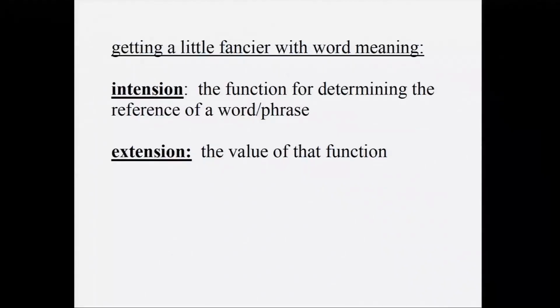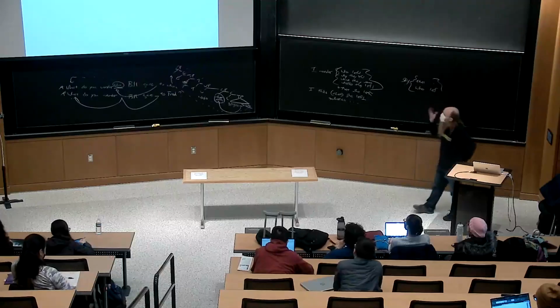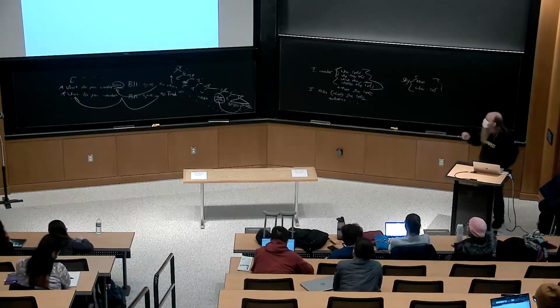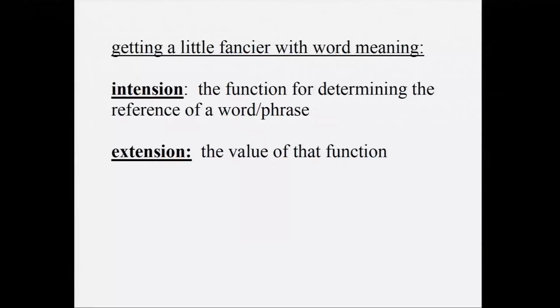If you ask what the intension of a word is, what you're asking me for is sort of the procedure that you will use. I'm going to give you examples of this in just a second, but the intension is the procedure that you will use to determine what that word or that phrase refers to. Whereas the extension of a word or a phrase is the value, the thing you will get if you apply that procedure, the value of that function.